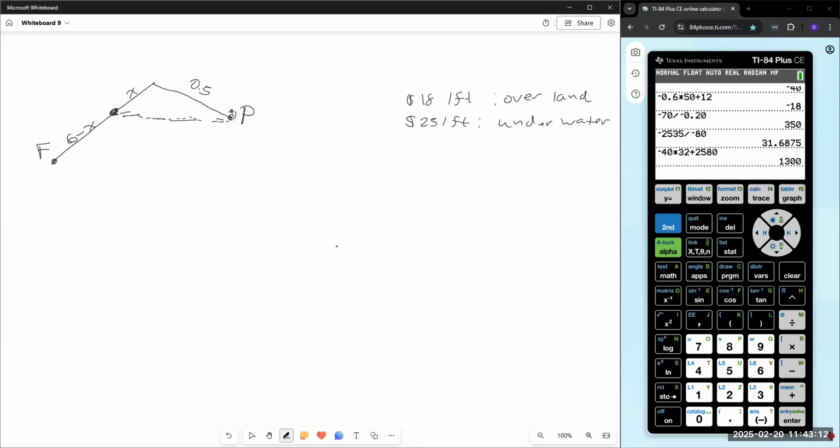So we're going to use the Pythagorean theorem here, since this is a right angle, to say that the hypotenuse here is going to be x squared plus 0.5 squared. And if I want that distance all by itself instead of c squared, the hypotenuse is going to be the square root of that.